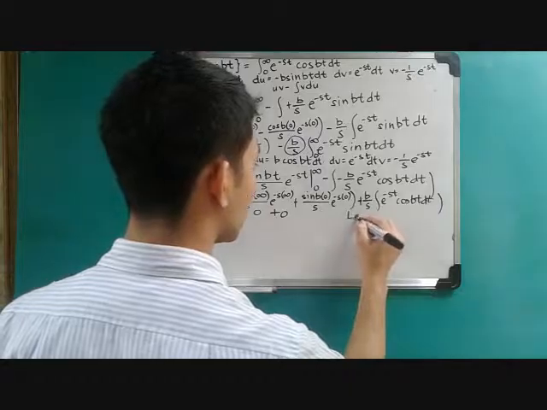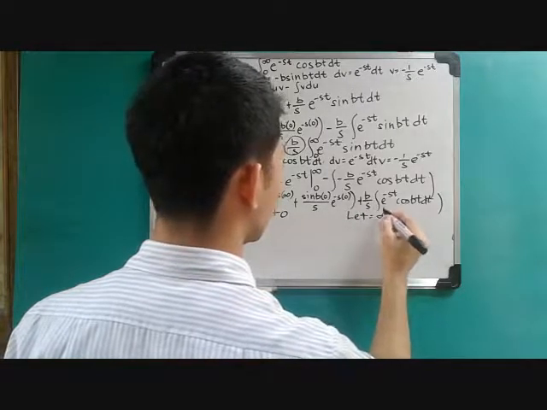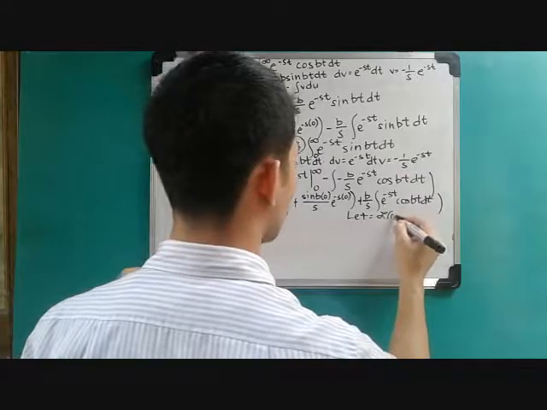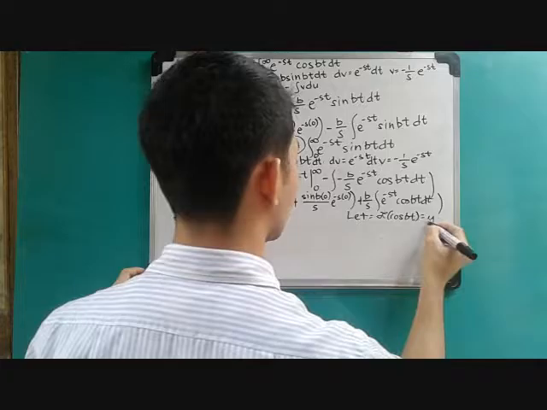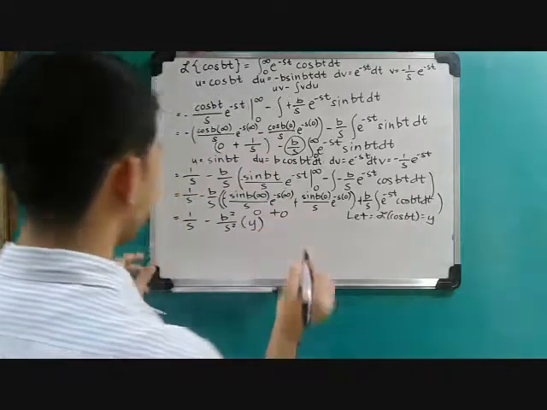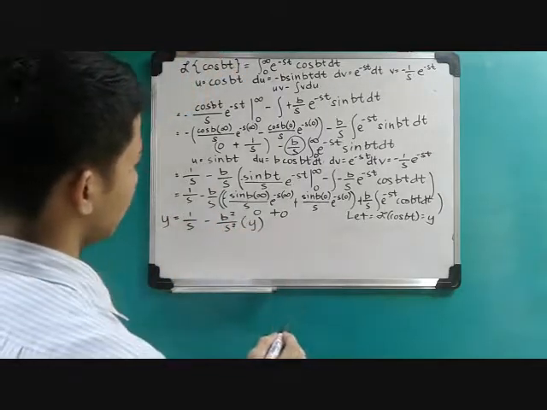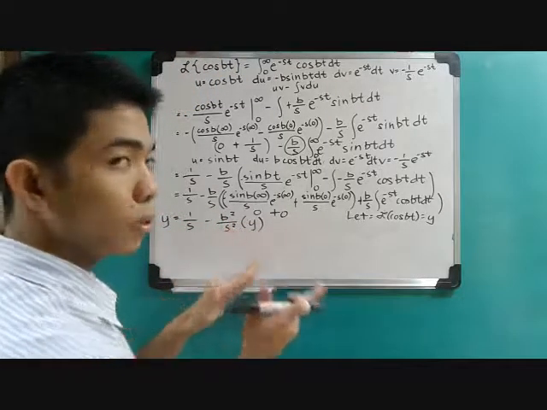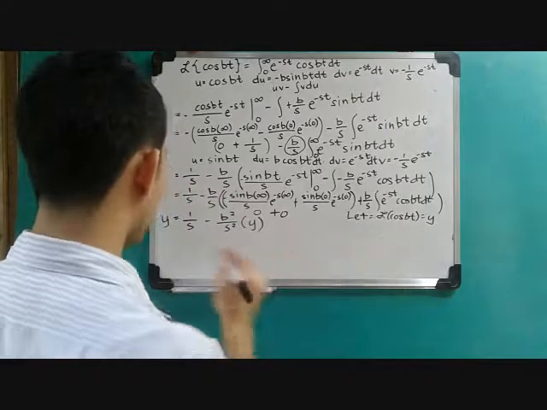So let the Laplace of cosine bt be equal to y. So substitute it by y, becomes y. And don't forget there's a y here, because cosine bt. So transposing this to the left, it will become positive.